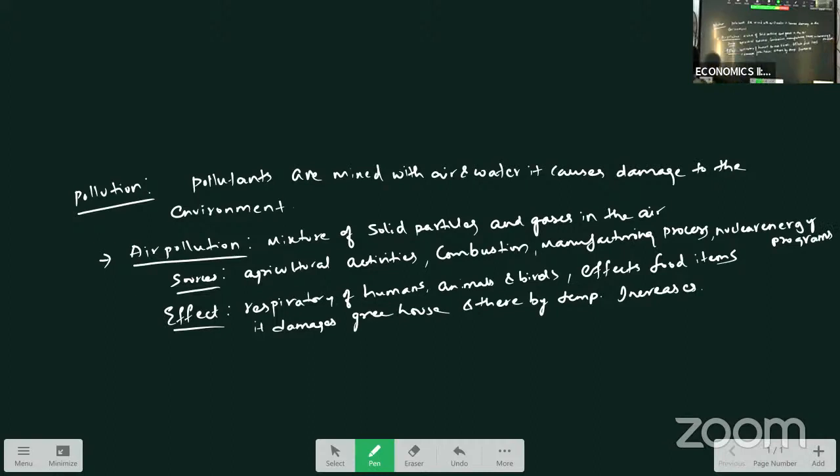So how is it affecting? It is affecting the respiratory system of humans, animals and birds. It also affects the food items like our vegetables and fruits. It damages the greenhouse effect, and thereby temperature increases. And it also causes acid rains. Okay, so this is all about our air pollution, right?